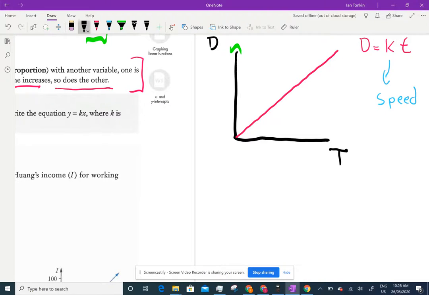We can have another one that's similar to that. So like a taxi, the time in the taxi with the cost of the taxi. Well, when you hire a taxi, you get a call out fee. So as soon as you get in the taxi, you've already got this. They call it the flag call, because if you watch any of those movies in America, a little flag would come up, and that's what you pay as soon as you get in. Doesn't matter if you don't go anywhere, you've still got to pay that call out fee.